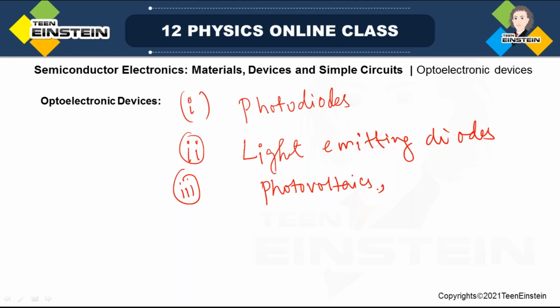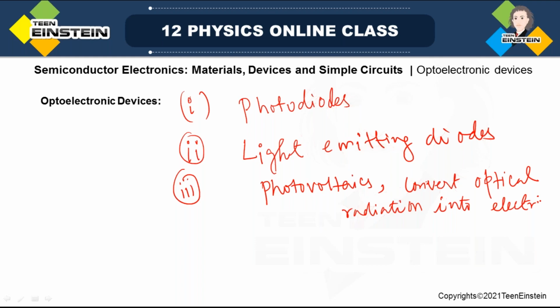Photovoltaics are used to convert optical radiation into electricity. Photodiodes are used as photo detectors.